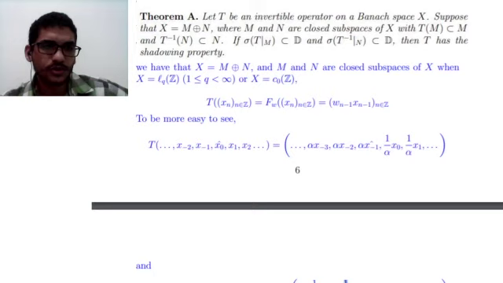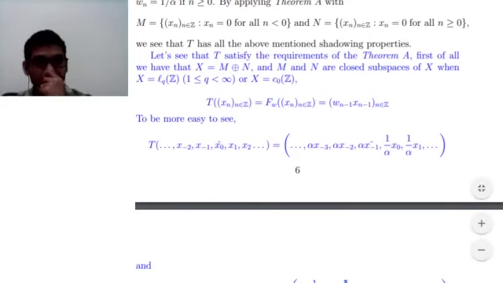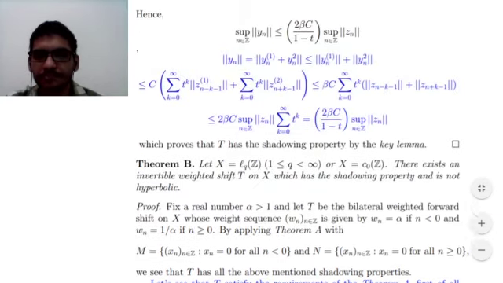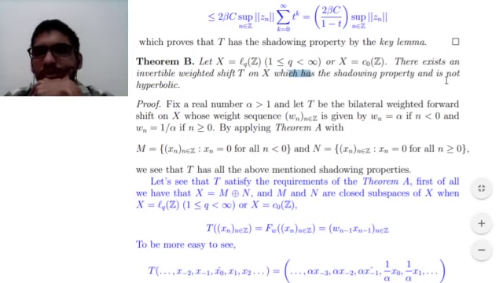Now we want to prove that T is not a hyperbolic operator, that is what the theorem B is saying. We show that T has the shadowing property, but now we want to show that it is not hyperbolic.